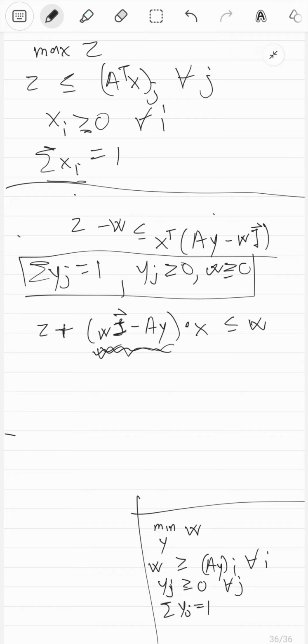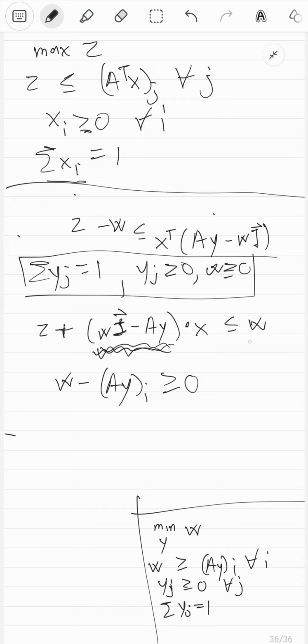So just think of the ith entry of this thing, that's the coefficient of x_i. Obviously we want that to be greater than or equal to 0. The ith entry of the 1 vector is just 1. So w minus (Ay)_i has to be greater than or equal to 0.